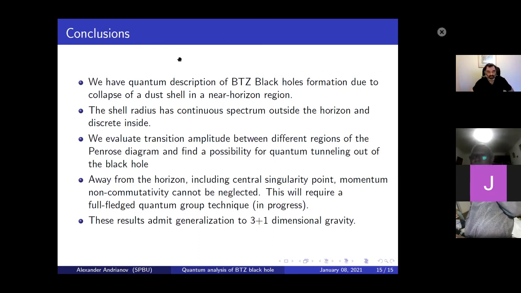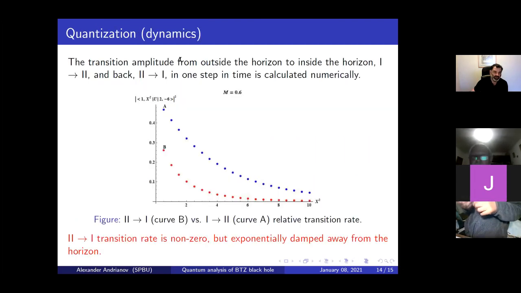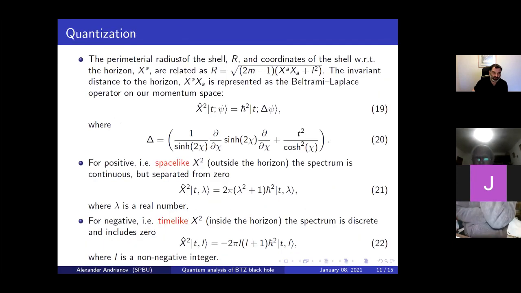When you do this quantization... Yeah, here it is just shown the spectrum of the 2+1 coordinate squared. It is calculable explicitly, but of course not far from the horizon. It is simply positive when it is outside of the horizon, and inside of the horizon it is discrete and also bounded.